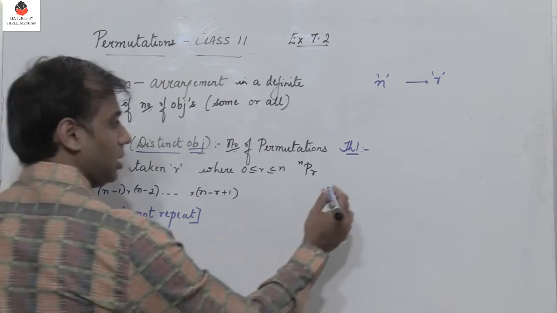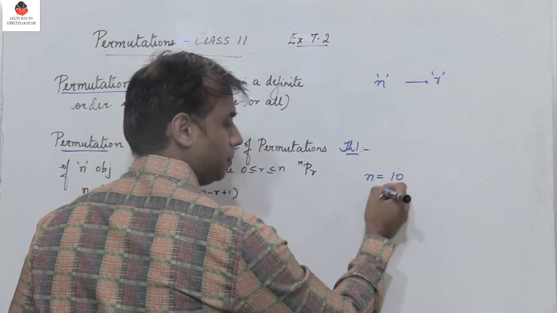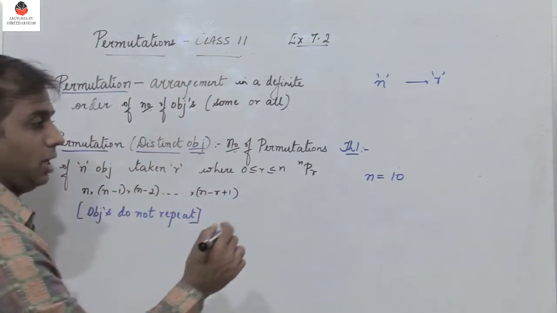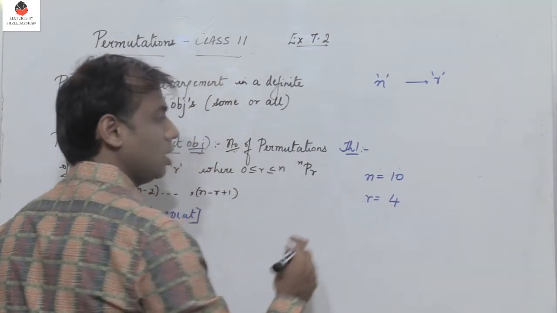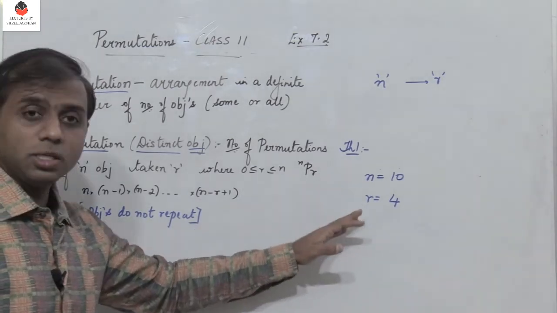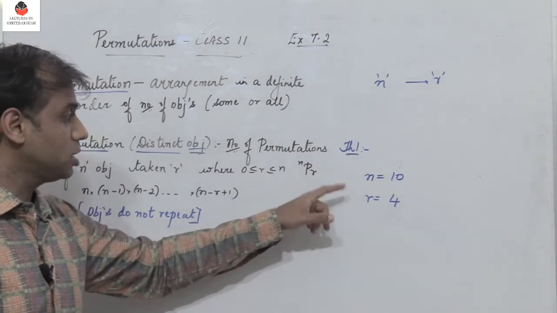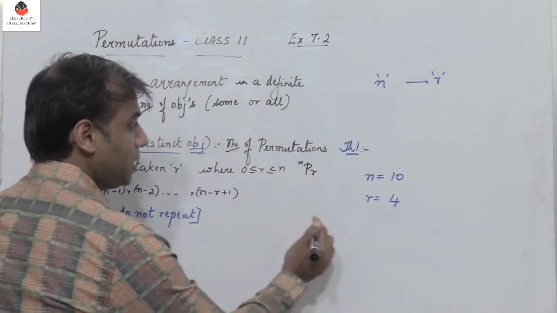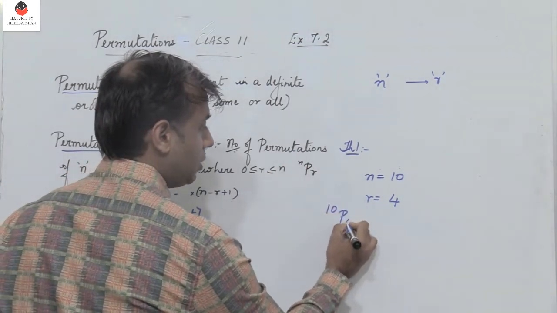So let's say there are 10 objects, so n is 10, and among these 10, if I have to choose 4 of them, then in how many ways are permutations possible? So the number of permutations would be nPr, which is 10P4.